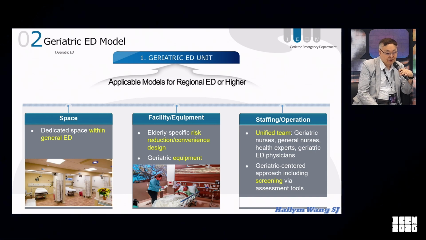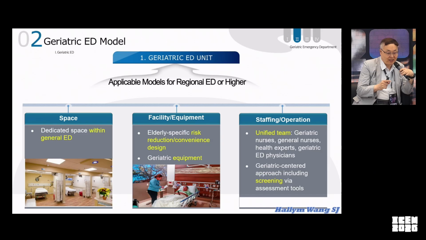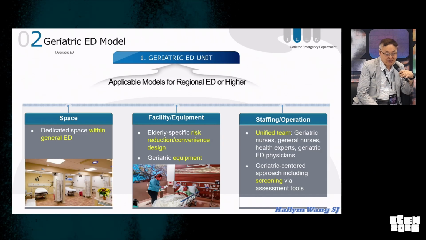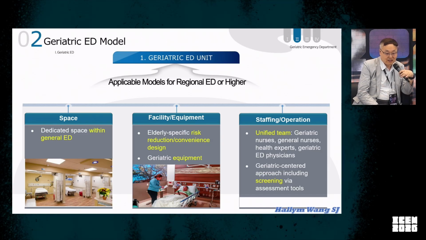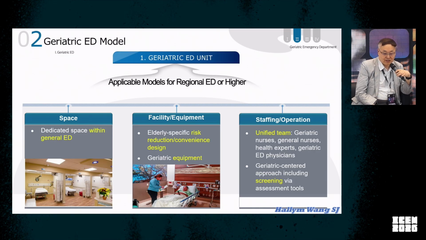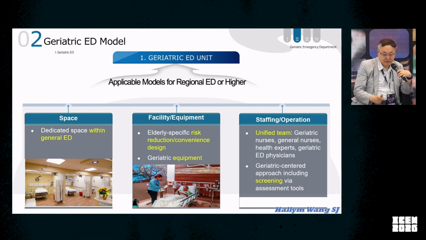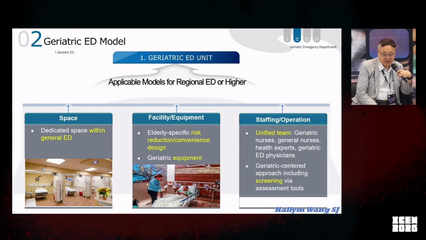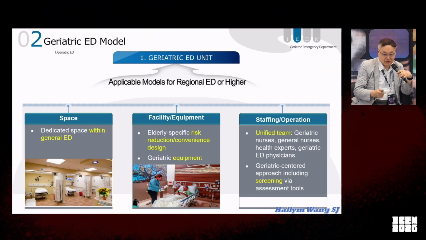The space will be within the general ED. The facility is focused on elderly patients, and staffing is important: there is a unified team, and they use a geriatric-centered approach.